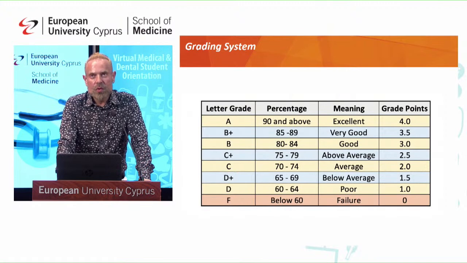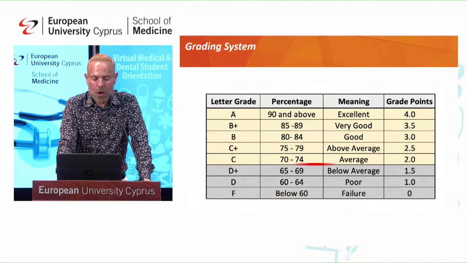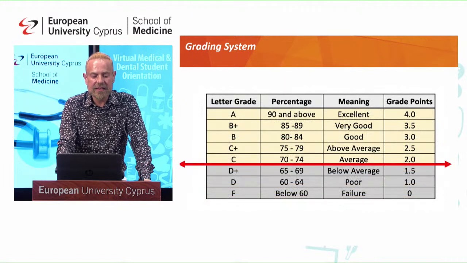You need to know this grading system, and it is going to be attached at the end of each course outline. What you need to understand is that there is a cutoff point. We have passing grades and we have failing grades. And you will see that the passing grade for this university is C. This gives you a percentage in the course of 70 to 74 and the minimum GPA in order to pass, which is 2.